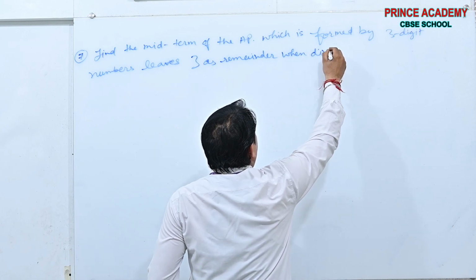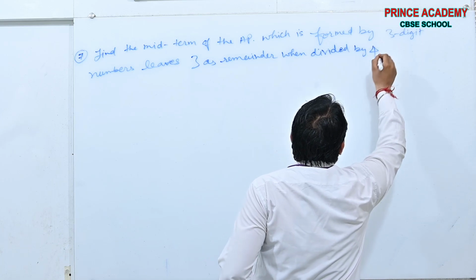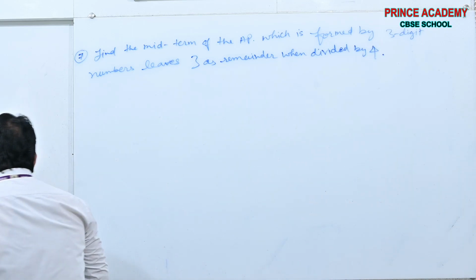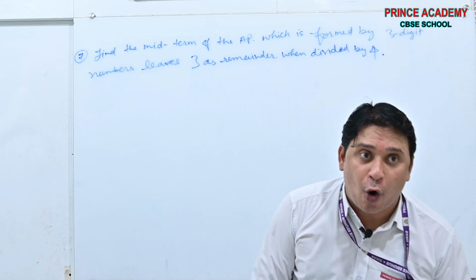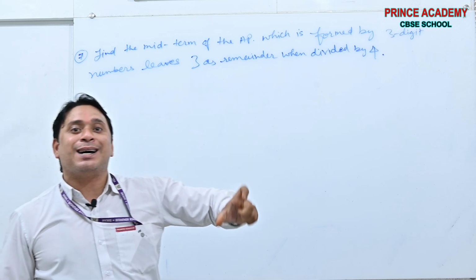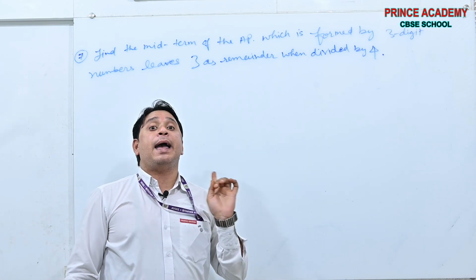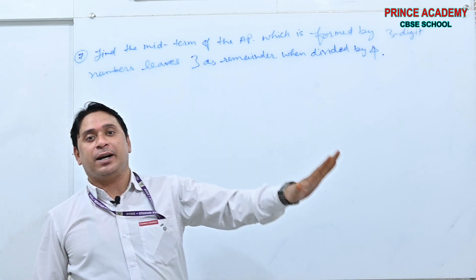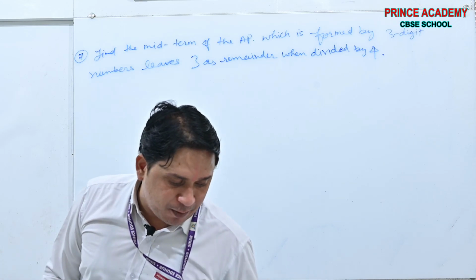See beta, what is the question? So simple is that. First of all, we have to form an AP where the terms are such that 3-digit numbers are there and each and every term gives a remainder of 3 when the term is divided by 4.